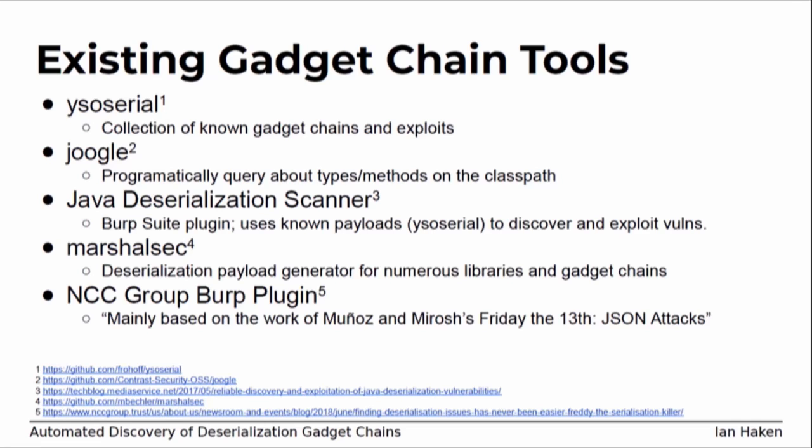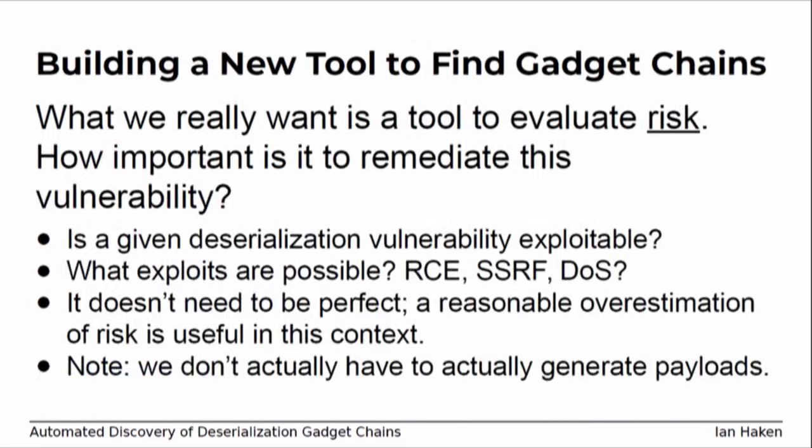Again, another dynamic scanner that's mainly based on payloads from Muñoz and Mirosh's work at last year's Black Hat, so this is more focused on the JSON deserializers. But again, these are all tools that might help you, but don't immediately answer that question. Is there something unique to my application that makes it vulnerable to one of these exploits?